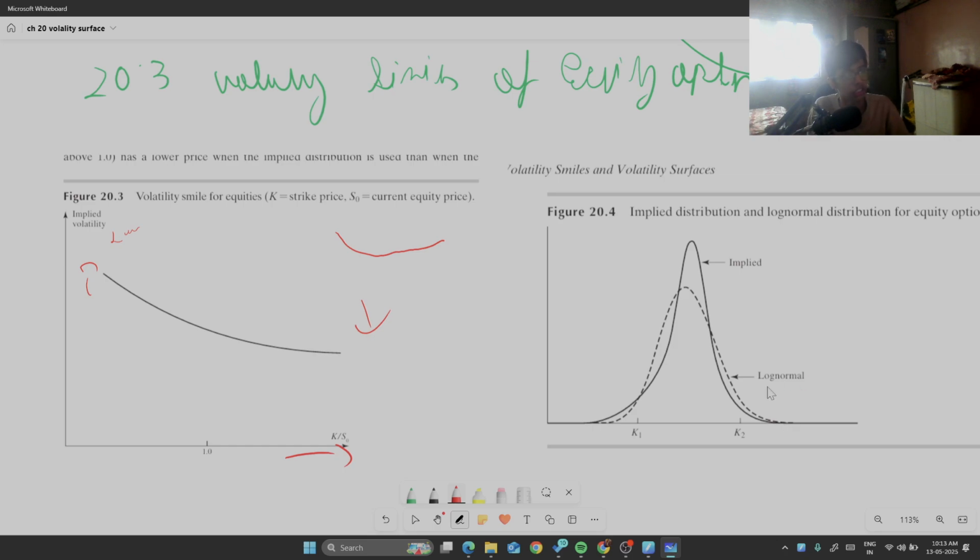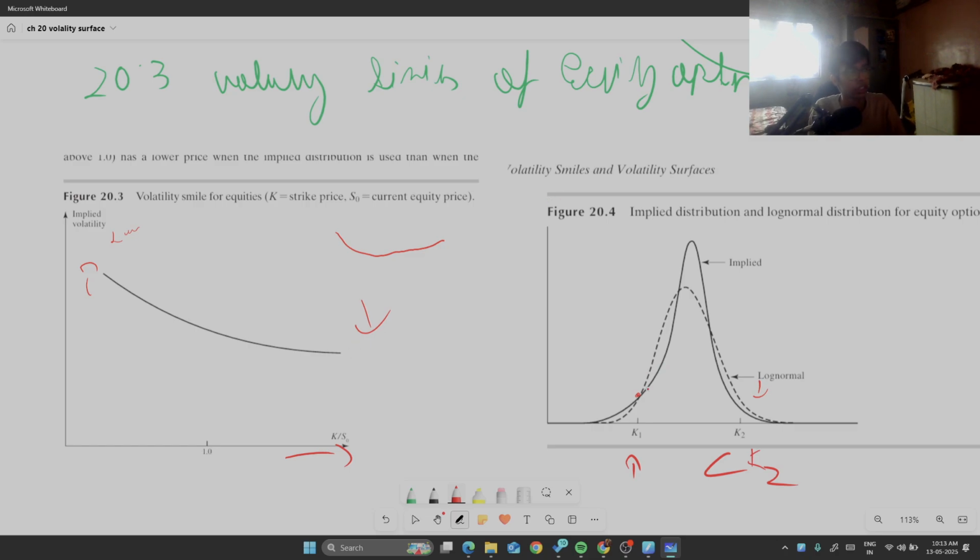You can see that the implied volatility has a fat tail compared to log normal if the strike price is low, and it has a thin tail for a larger strike price than the log normal assumption, and this gives us this effect.